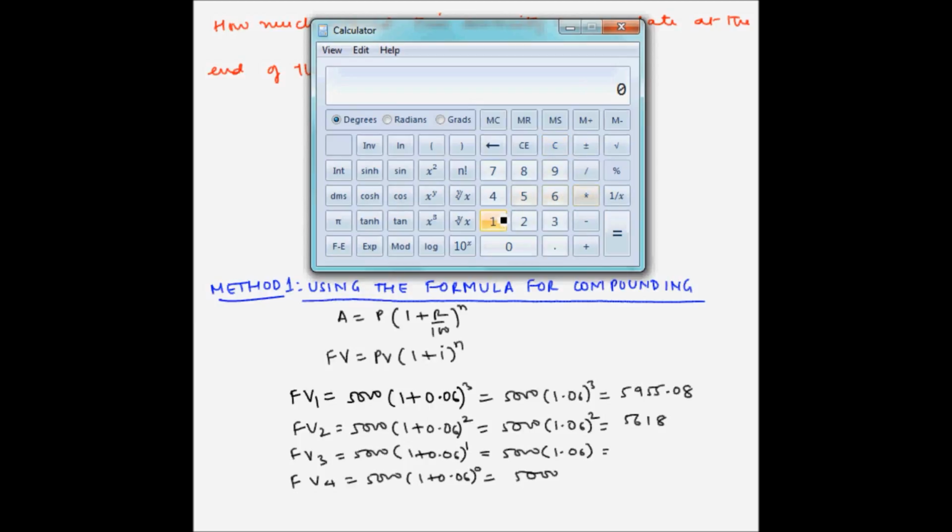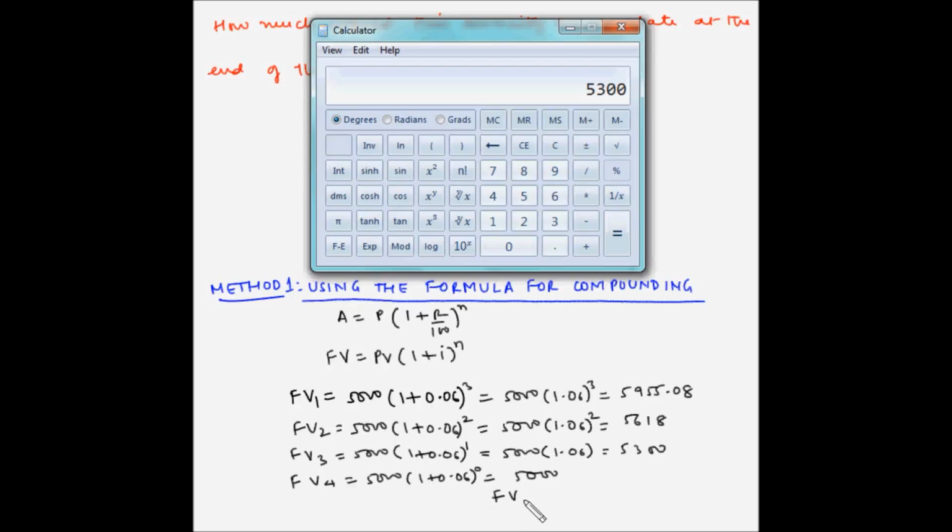For FV3, 1.06 into 5,000. So this is 5300. And FV4 is 5,000. So let's now add these up.